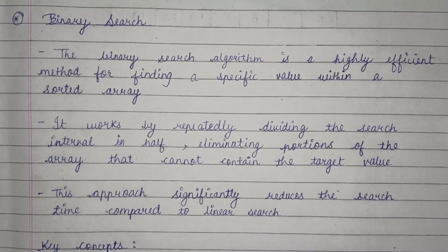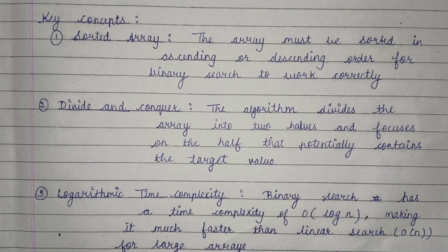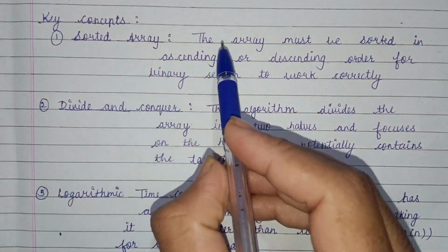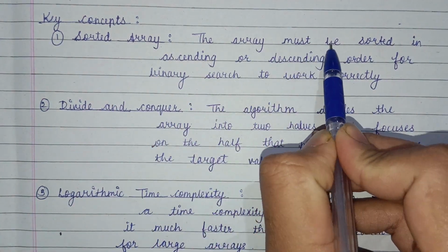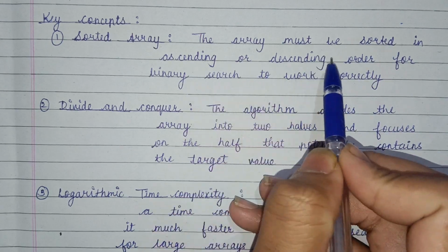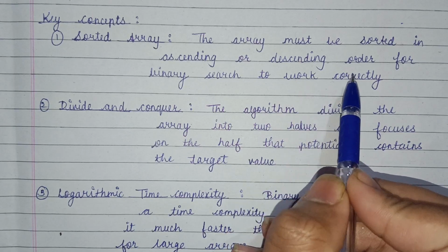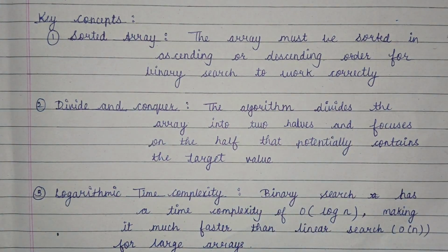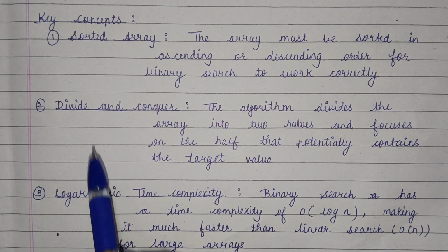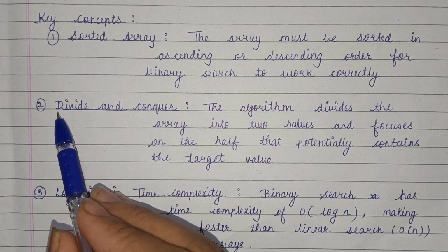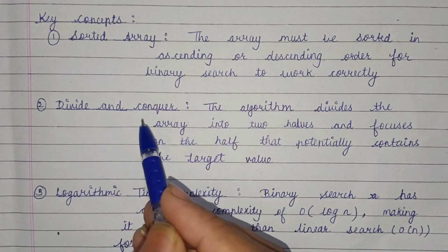The key concepts: first, the sorted array. The array must be sorted in ascending or descending order for binary search to work correctly. The array must be sorted, then only will the results be correct. The second point is the divide and conquer method.